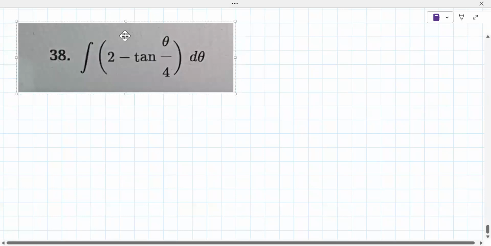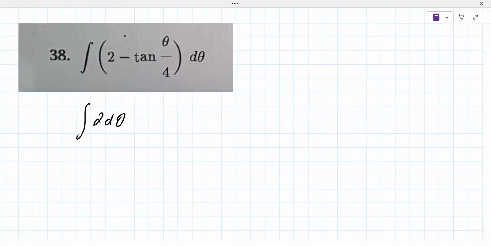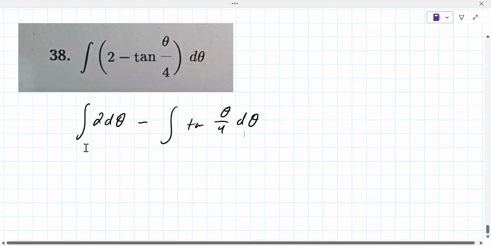All right, it's 38. Two things here. We got the integral of 2 d theta minus the integral of tangent theta over 4 d theta. What's the integral of the first one?